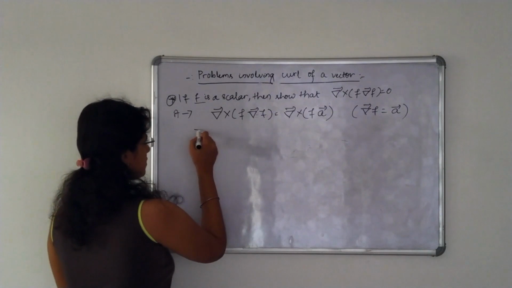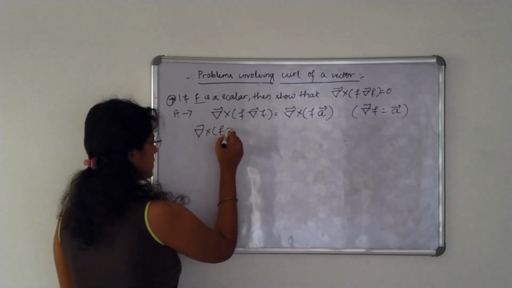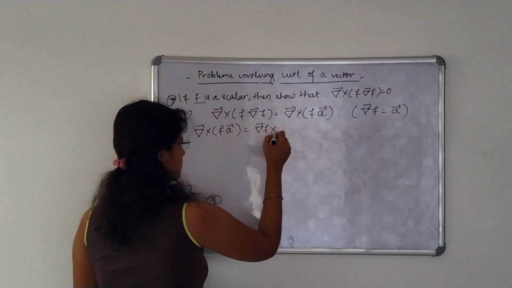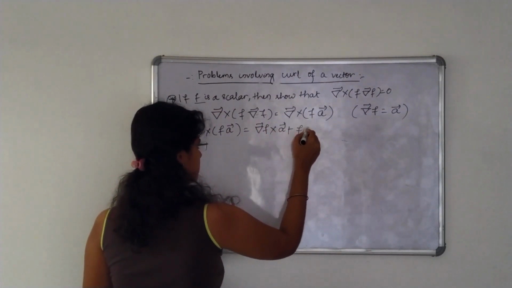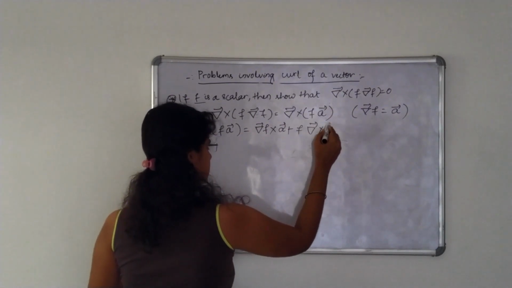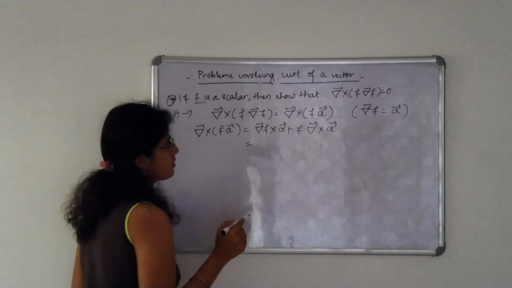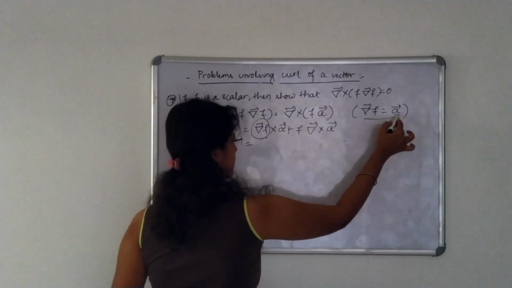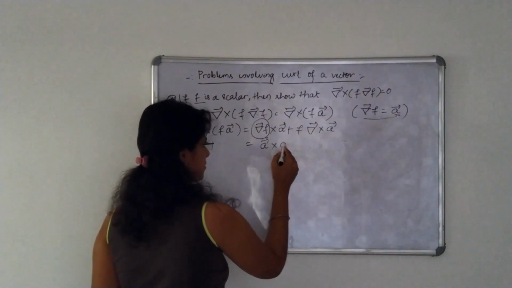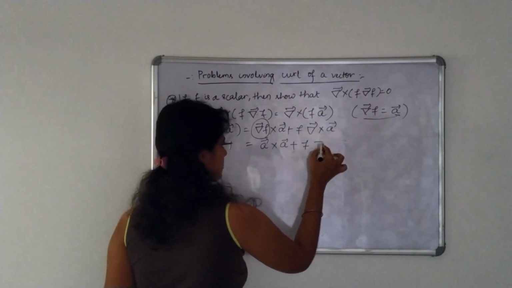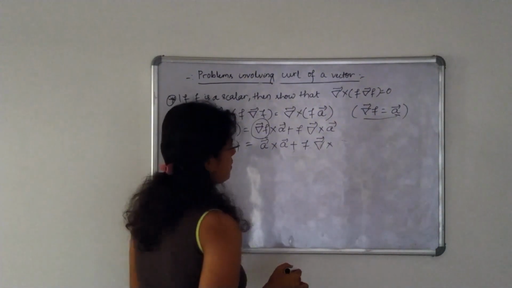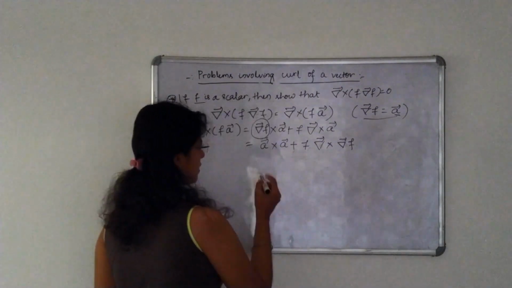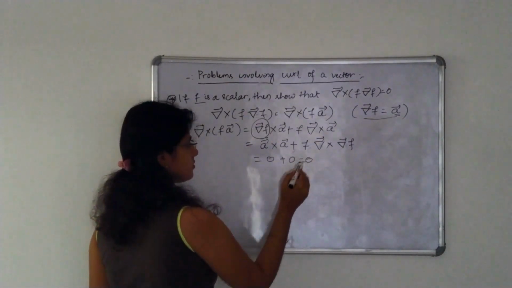Okay, so we know that this is, so this is, we take it as a vector. So a vector into a vector plus f into a vector is, okay. So it is also equal to 0.